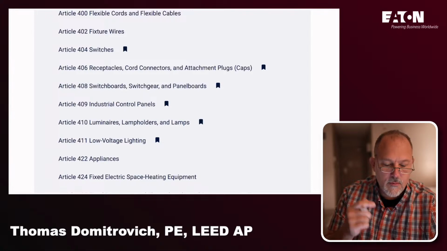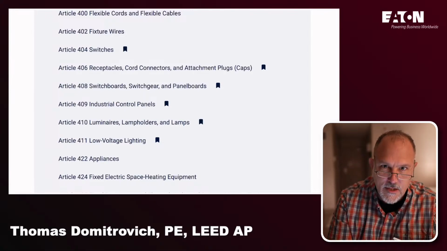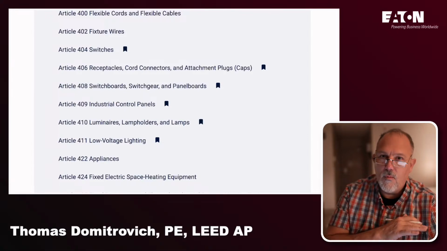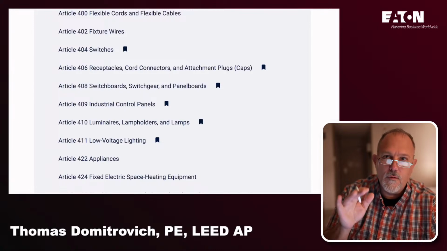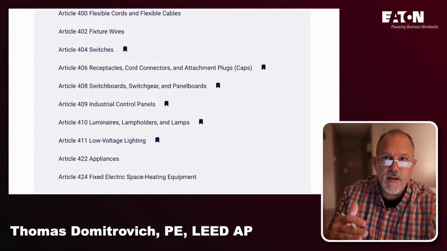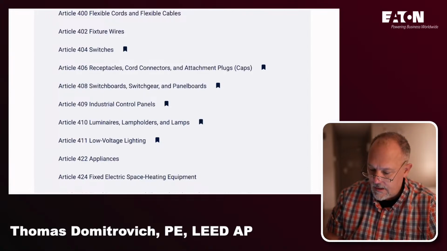Instead of saying receptacles, cord connectors, attachment plugs, and snap switches, they're just saying wiring devices. And Article 404 is switches, but you're not going to find snap switches anymore in Article 404. Does that make sense?